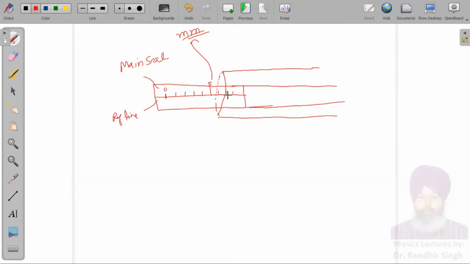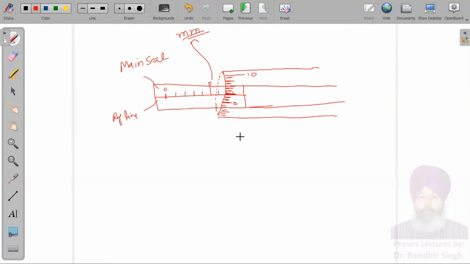So there will be markings over this. Let us say this is 0, this is 1, this is 2, this is 3, this is 4, this is 5, 6, 7, 8, 9 and 10. Similarly here we will have markings like this.